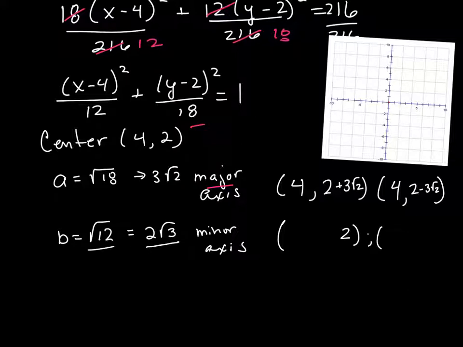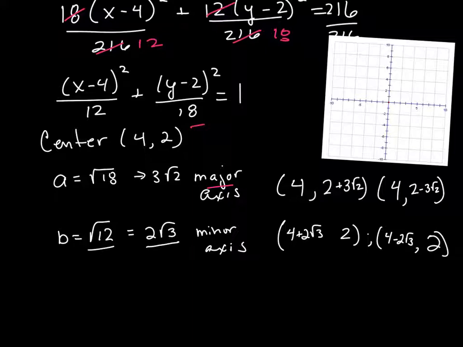So that y value in both of those cases will be 2. But the x value is what will change, so that becomes 4 plus 2 square root of 3, and then 4 minus 2 square root of 3.